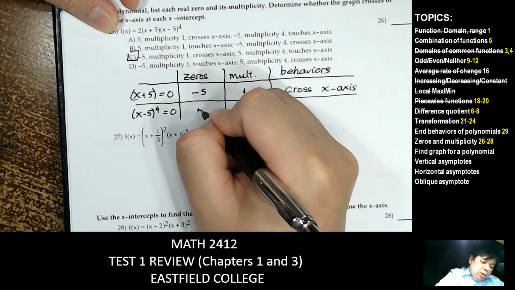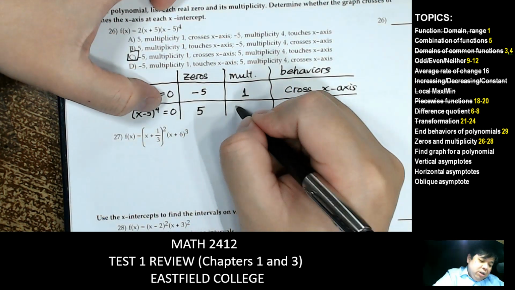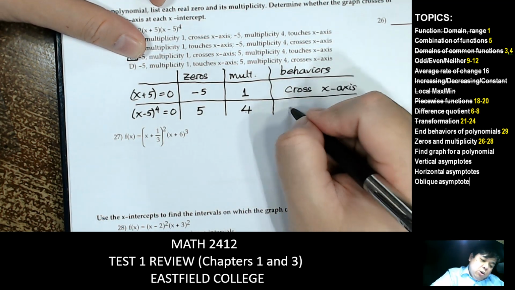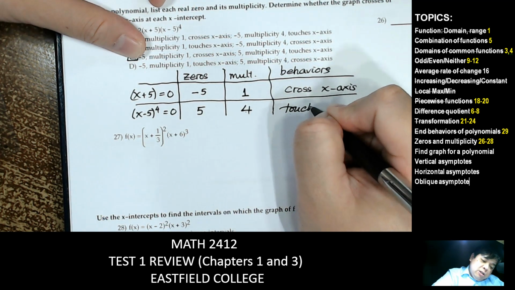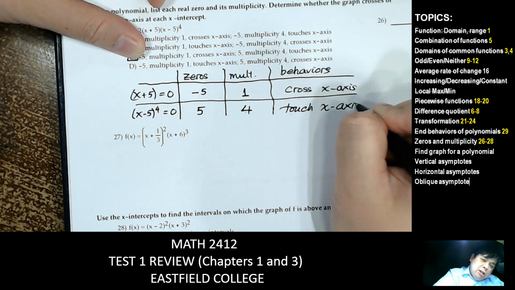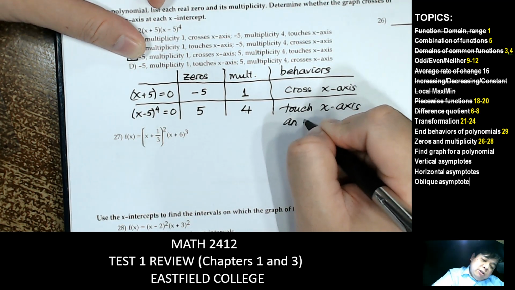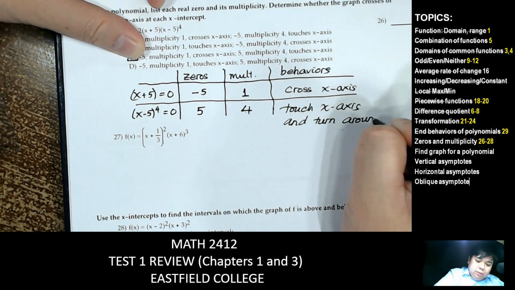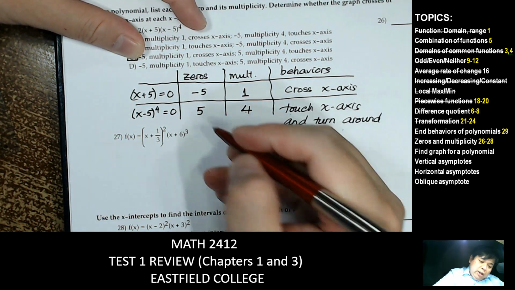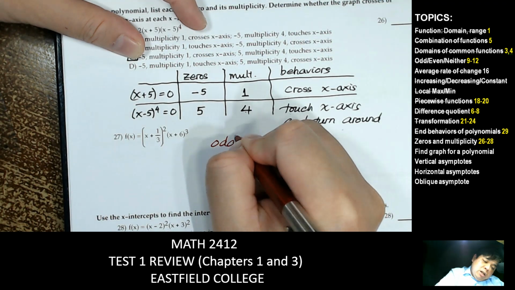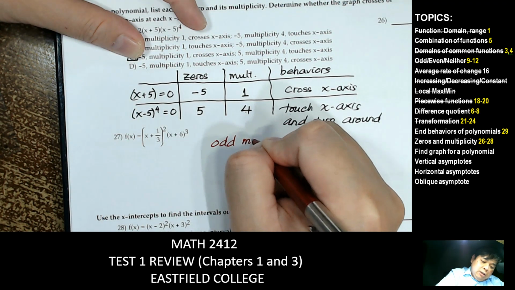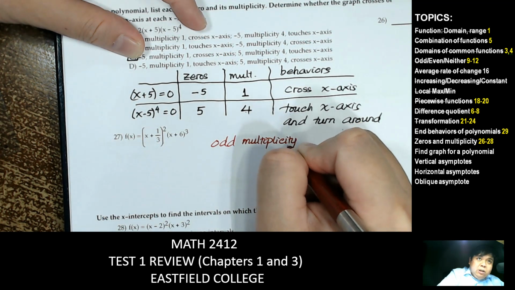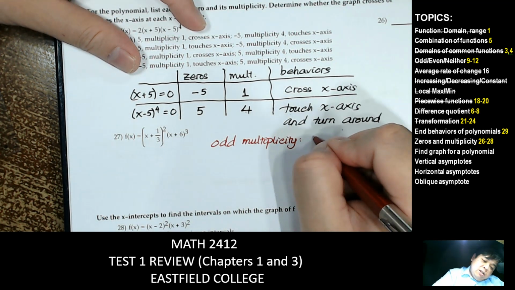This, we have x equal to 5. Multiplicity is the power of the factor. It is even, so we will touch the x-axis and turn around. So if we have an odd multiplicity, we will cross the x-axis.